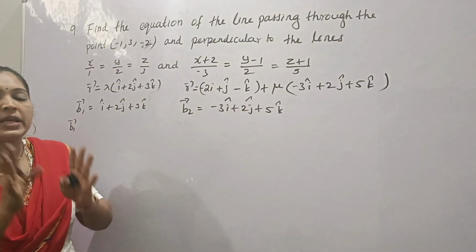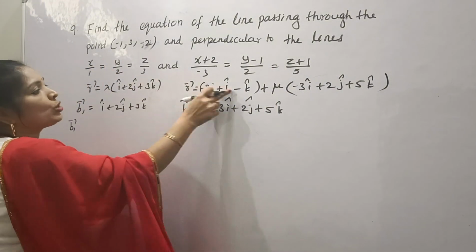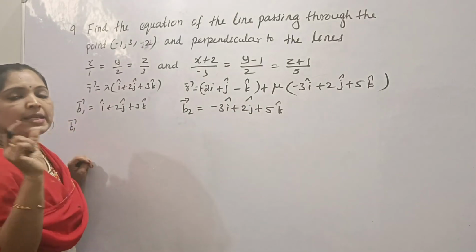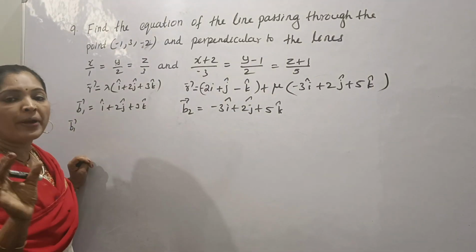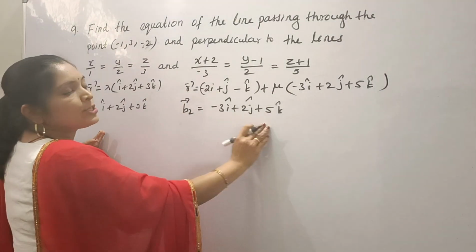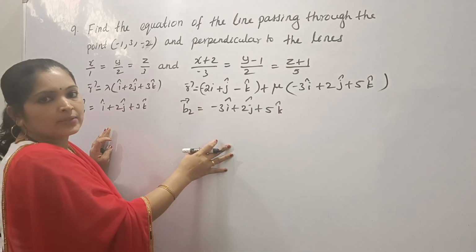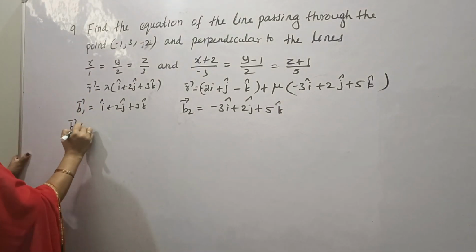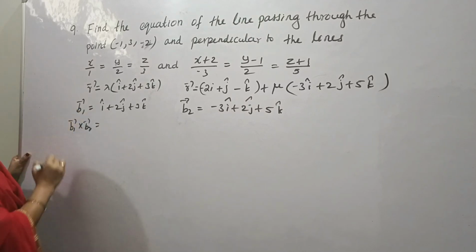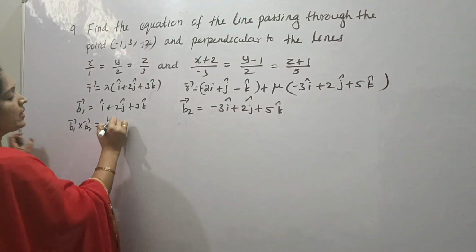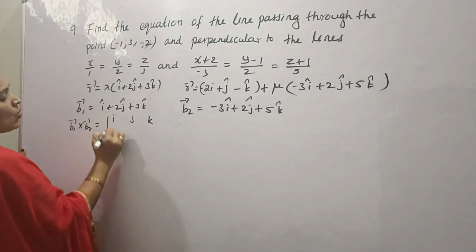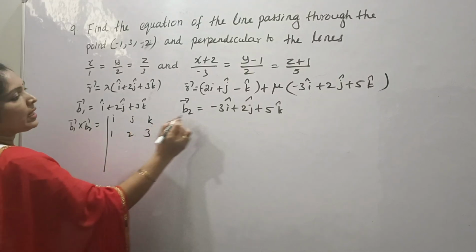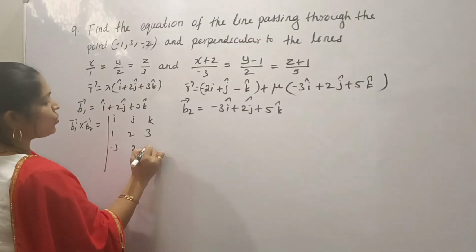We have to find a line which is perpendicular to both of these lines, so it is enough to find a vector perpendicular to both of these two vectors, that is vector b1 cross vector b2. So vector b1 cross vector b2 is equal to the determinant with i, j, k, 1, 2, 3, minus 3, 2, 5.